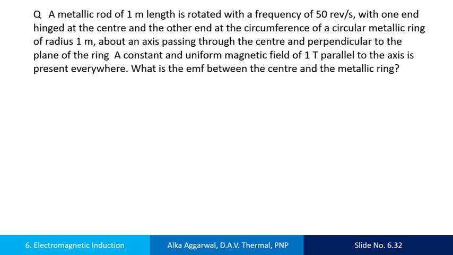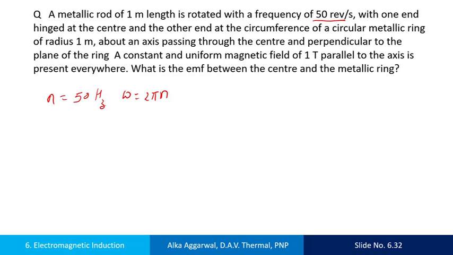Now the next question: a metallic rod of 1 meter length is rotated with a frequency of 50 revolutions per second. So omega equals 2 pi n.